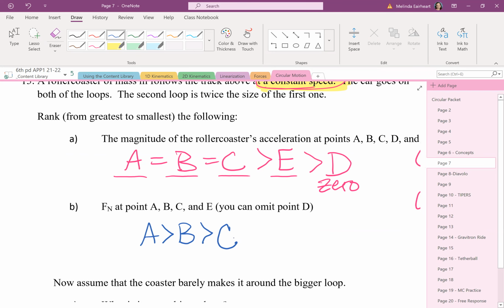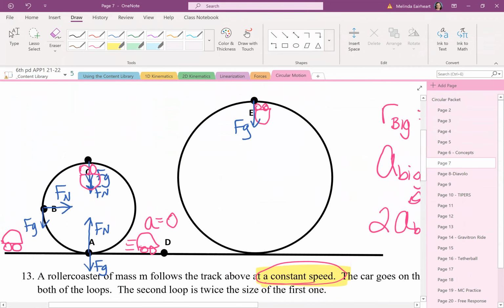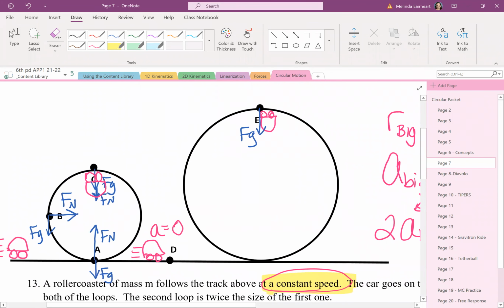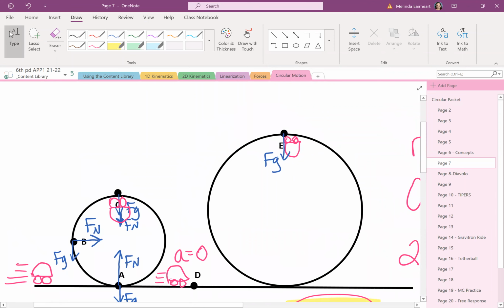Okay. And so if we look, C and E are both at the top. Won't normal force still be down at E? But to compare the normal force on each, maybe an F-net statement, because the weight is the same. Let's do an F-net statement just for the top, okay?